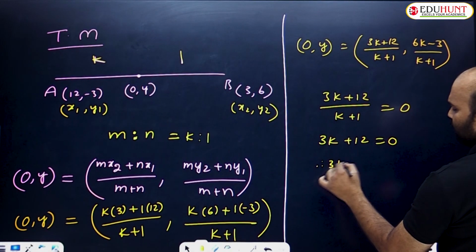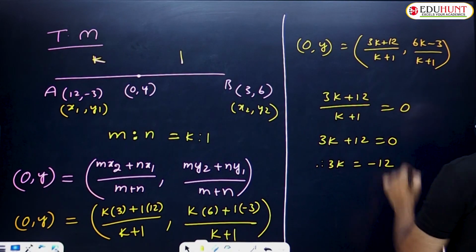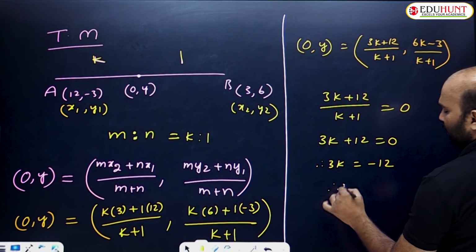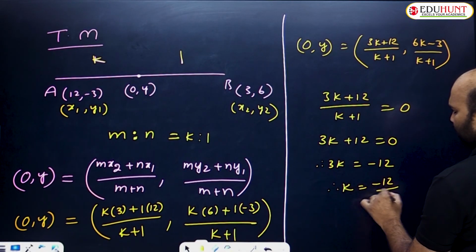Therefore 3k equals minus 12, because plus 12 goes to the right side and becomes minus. Therefore k equals minus 12 by 3, nothing but minus 4.